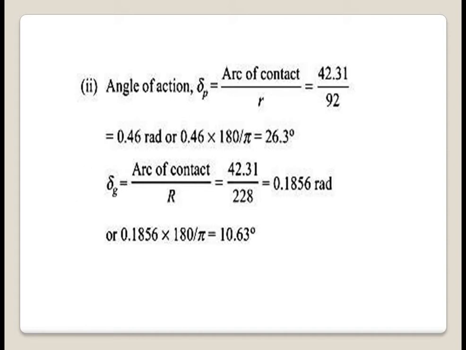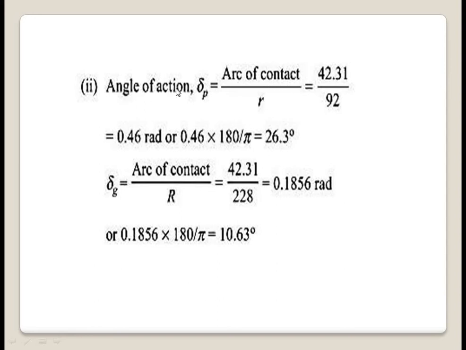Here they asked separately for the angle of action for the pinion, that is delta p, and the angle of action for the gear, that is delta g. The values first come in radians, so convert them into degrees. Angle of action is equal to arc of contact divided by radius.